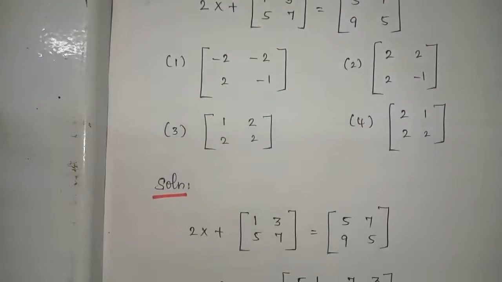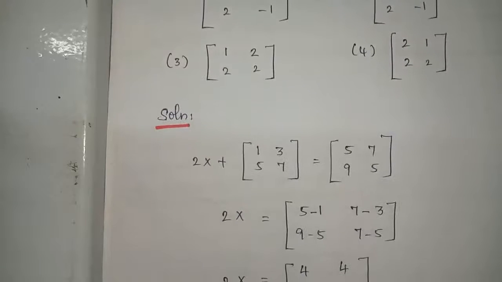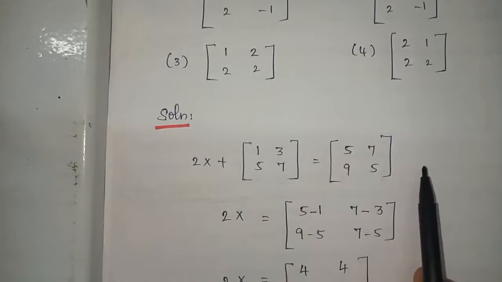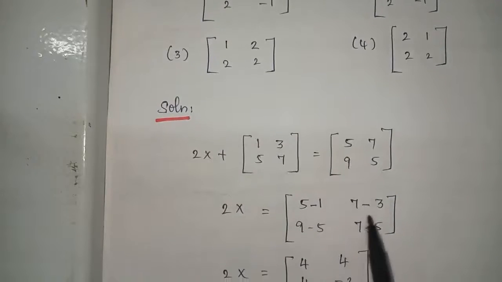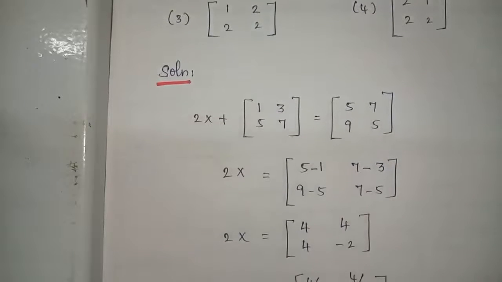So solution: this is given, 2X plus the matrix 1, 3, 5, 7 is equal to 5, 7, 9, 5. So 2X is equal to, you have to take this matrix to the other side, which means it will become minus. So you have to subtract the corresponding elements: 5 minus 1, 7 minus 3, 9 minus 5, 5 minus 7, which gives 4, 4, 4, minus 2.